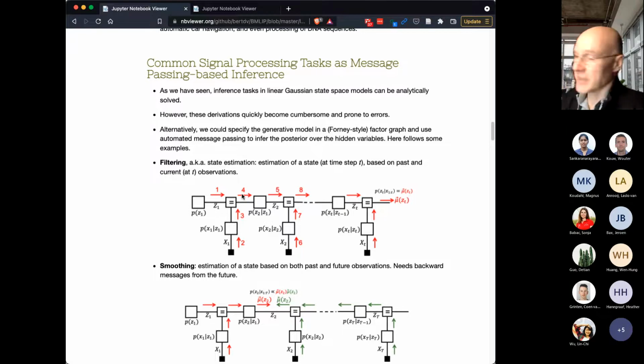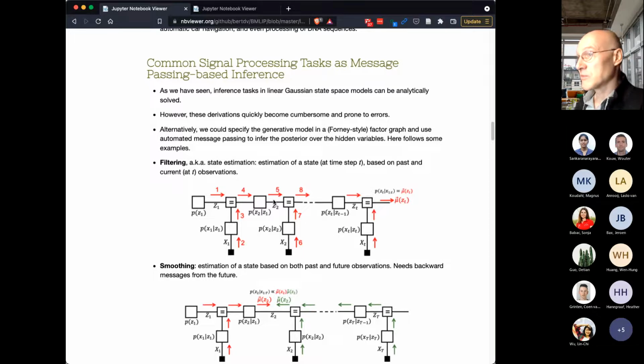We never say, okay, now we declare that Z1 equals 3 or 4, right? We just are content with updating probabilities, because after this observation we may still not be sure what the state really is, but we can update our state of knowledge about the state space, and message 4 would be P of Z1 given X1.